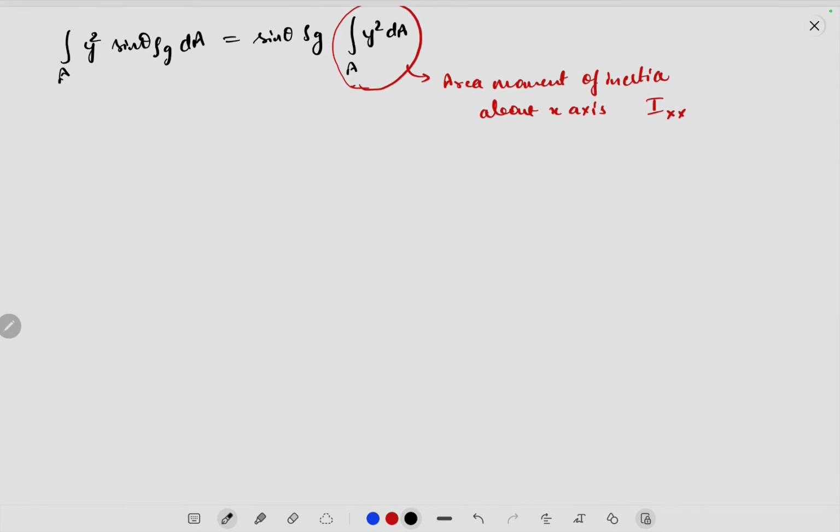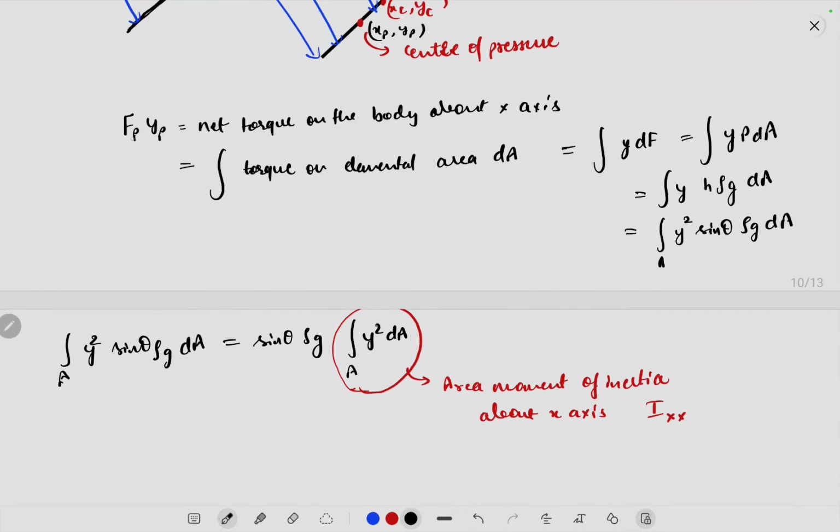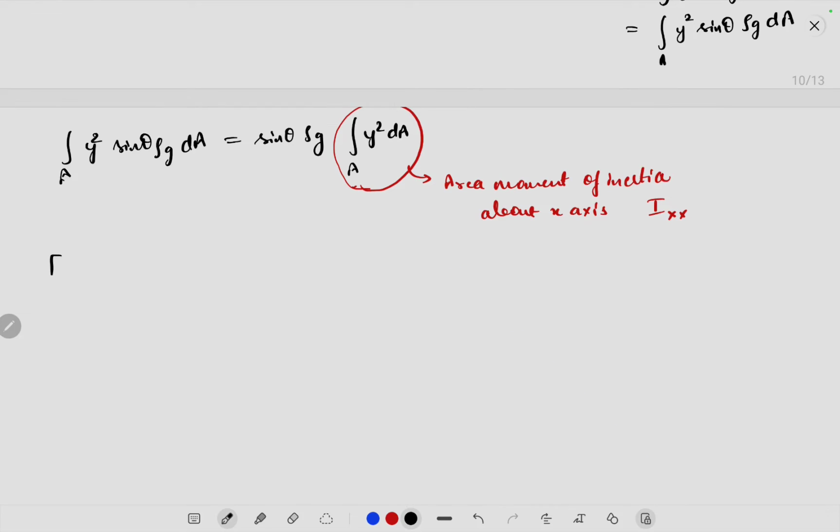So our expression would become F net times yp equals sin theta rho g, and not integration but Ixx.